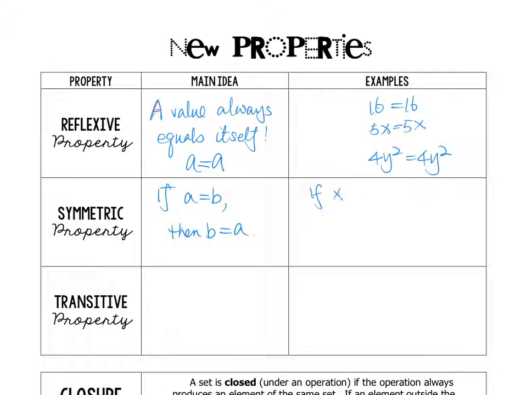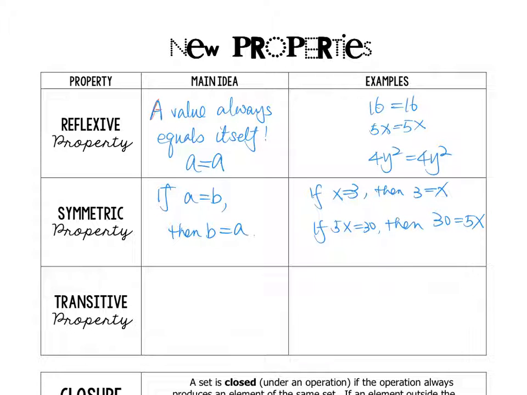So I say if x equals 3, then 3 equals x, right? Another example, if 5x equals 30, then 30 equals 5x. Very straightforward.